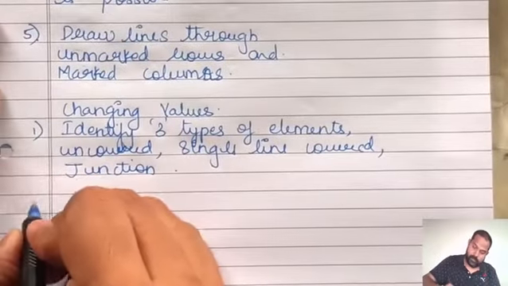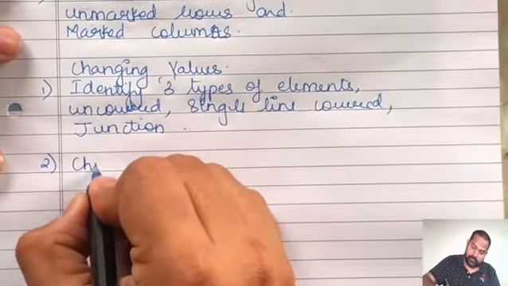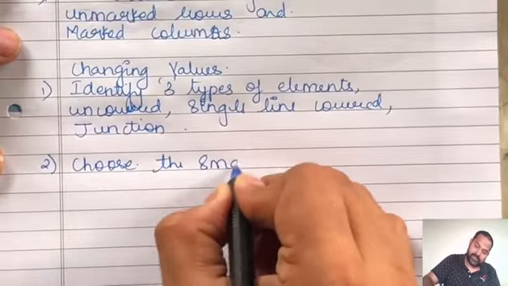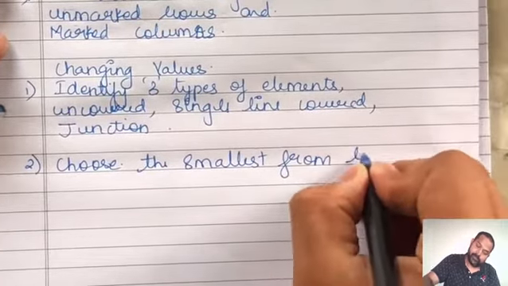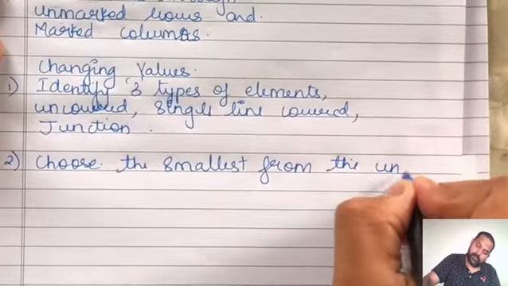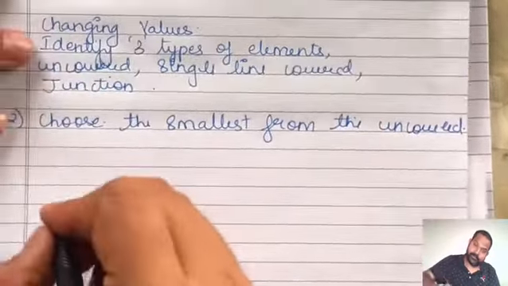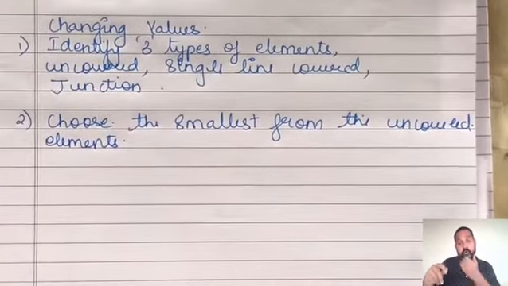Okay. What next? Choose the smallest from the uncovered elements. What to do?